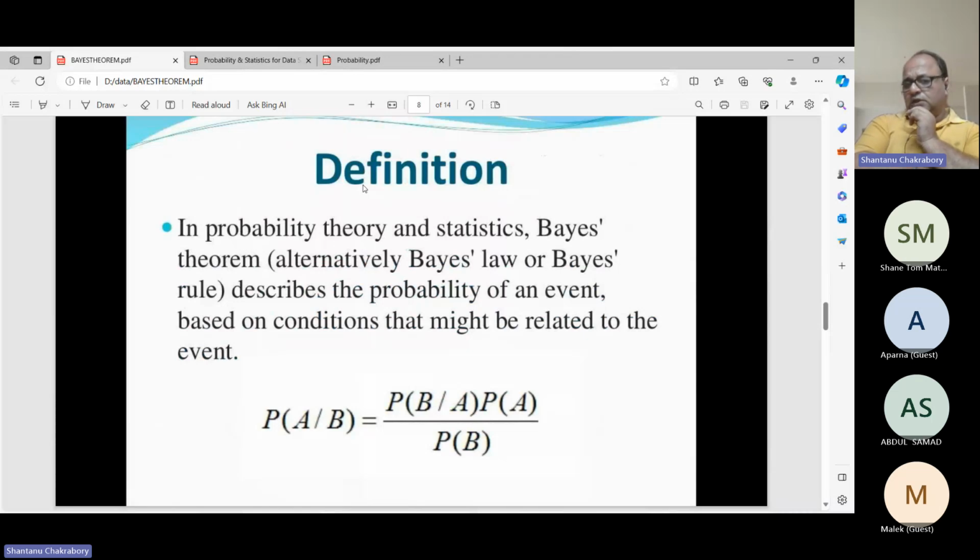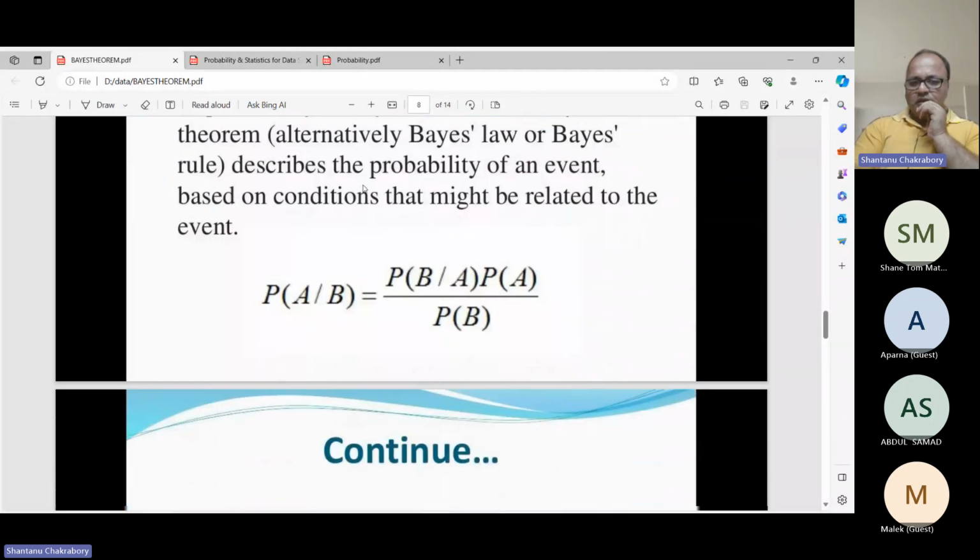So there are two different events. What is the probability of one event when the other event has already occurred? That is the conditional probability that we can use in the Bayes theorem to find the actual probability.